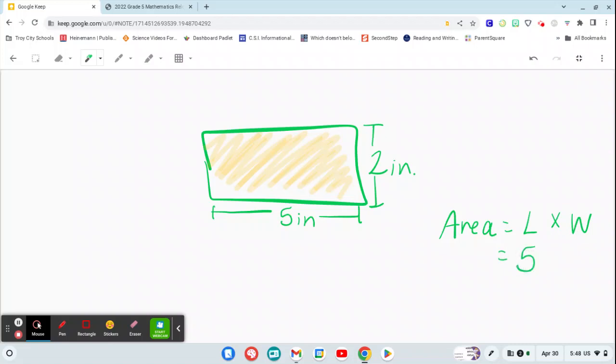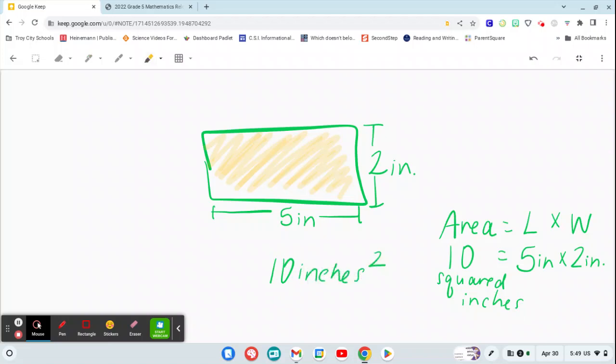In this case, we have 5 inches times 2 inches. That'll tell me the area of the floor that's being covered is 10 square inches, or rewritten as 10 inches squared. Where that squared is coming from is the fact that there's two dimensions, length and width.